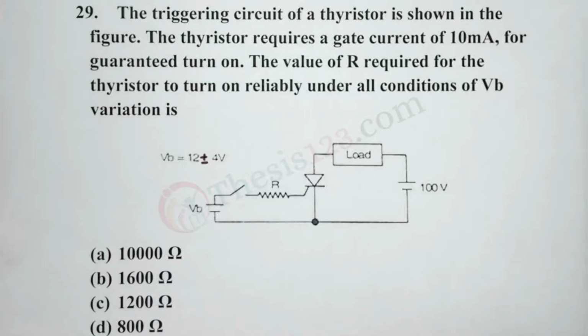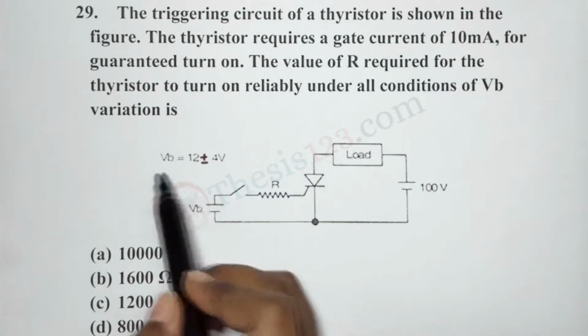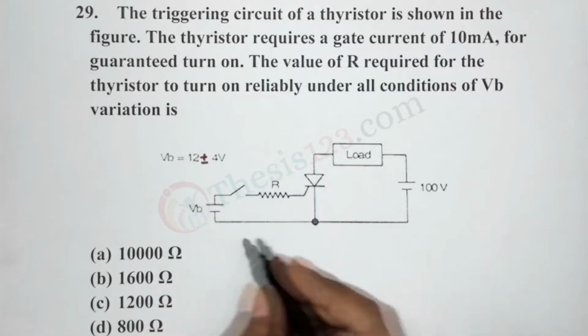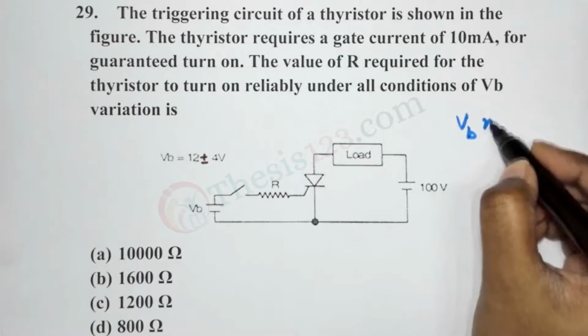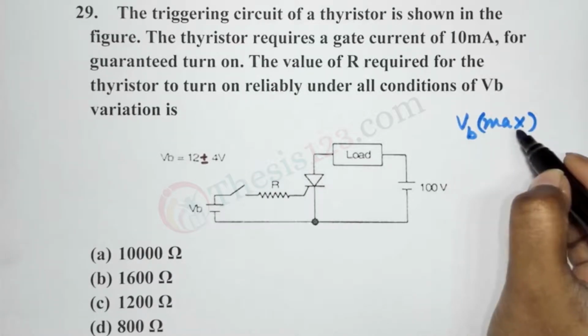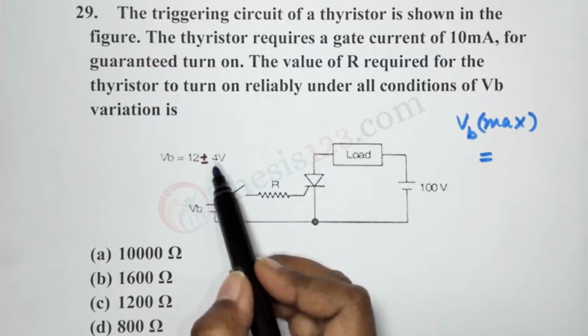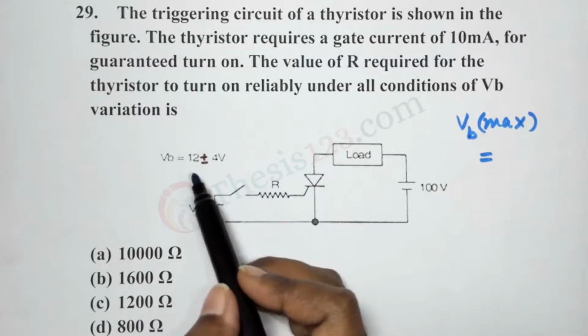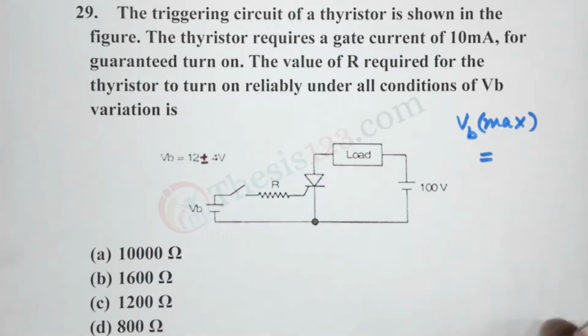Okay, so let's take a look at how we can solve this. Now first, let's write down the maximum variation of VB over here. So that's VB max. Now VB max is equal to, so that's 12 plus or minus 4 volts, right? So minimum would be 8, maximum would be 16.